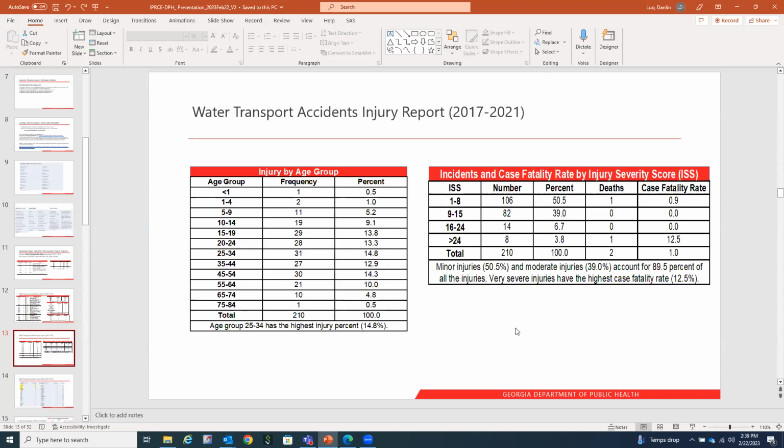We can find that the minor injury is 50.5%, and the moderate injury is 30%. Very severe injury has the highest case fatality rate, it's 12.5%.